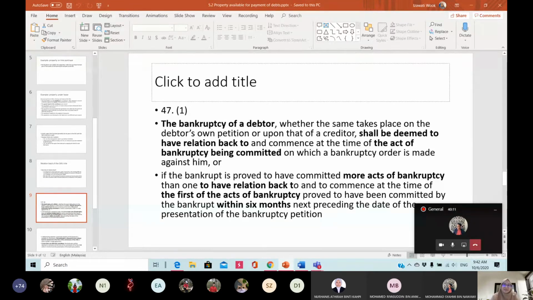Okay, so that is the doctrine of relation back. It relates back to the transfer which has taken place. Whether it was the reason for the filing of the petition, or whether it was not the reason for the filing of the petition, the transfer is made within a certain time period, which is provided by the law here. This is the second paragraph here.